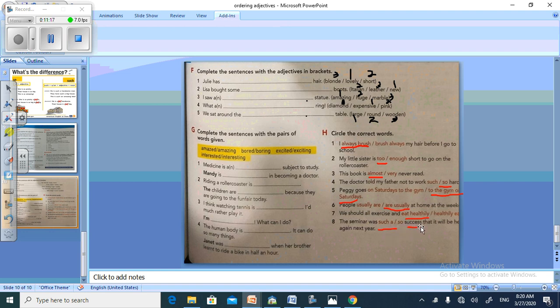So here success is a noun, so I add such a success. So is followed by an adjective immediately. But such is followed by an article, then adjective, then the noun. And because success is a noun, I use such. So the correct answer is such, not so. Number 7 is healthy. Number 8, such.